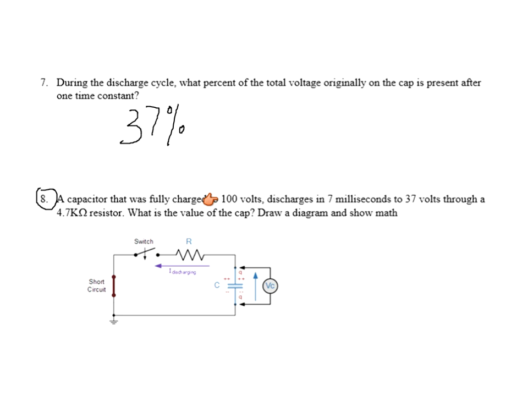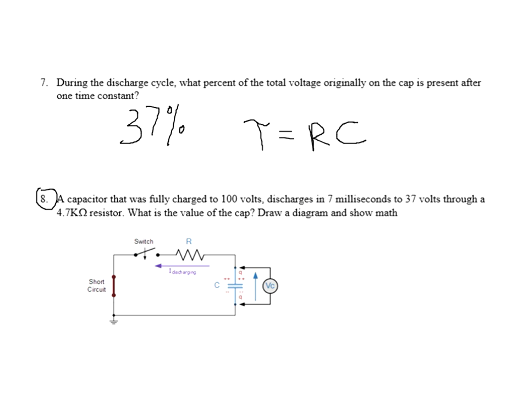So right here, I know by looking at these two numbers, I'm dealing with 1 time constant, tau. So 1 tau in this case is equal to R times C. Now you got to pick out some other information. What is the amount of time it takes for that to happen? Well, look, 7 milliseconds right there.